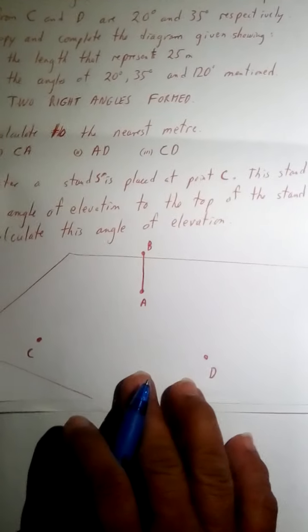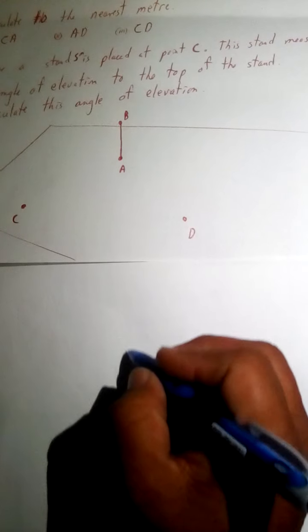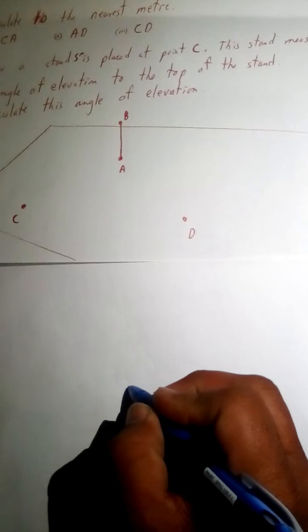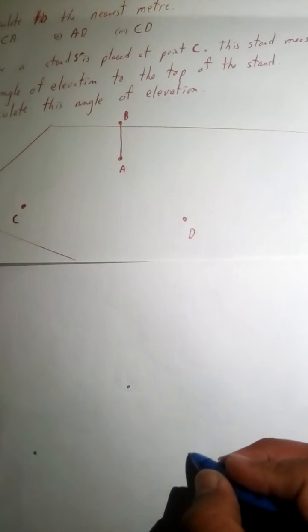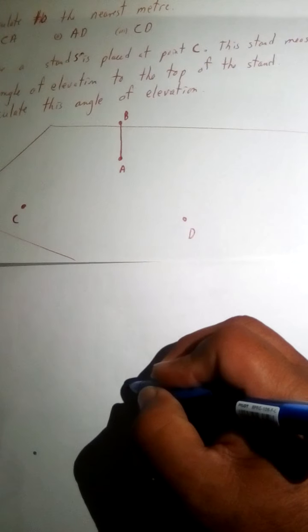Okay, this is the diagram given, so we're going to use this also. So let's start. Bring a diagram here and we start to do our first piece. So we have here A, C, and D. We have a pole.